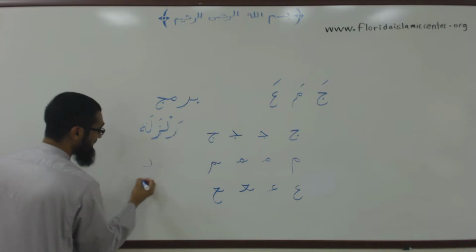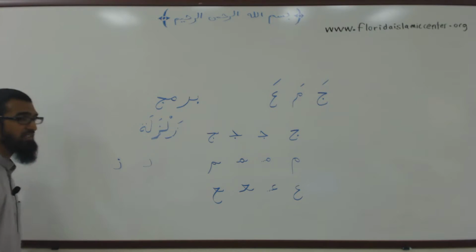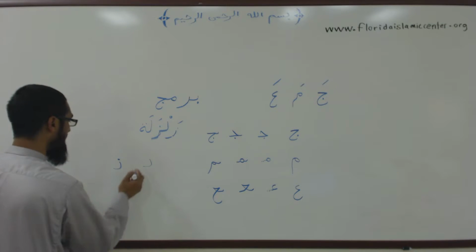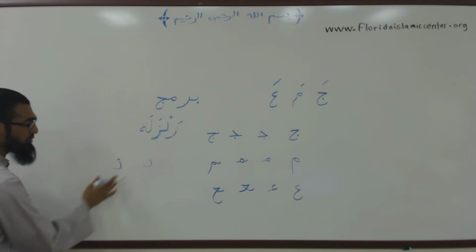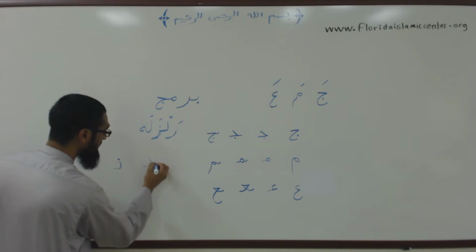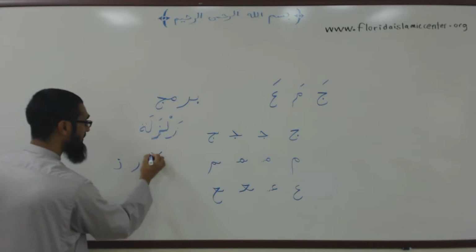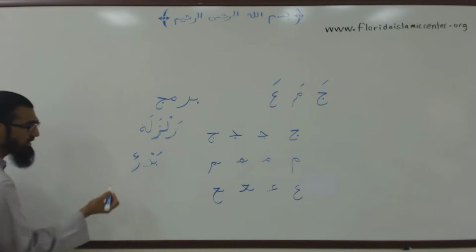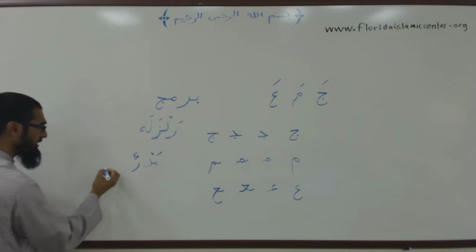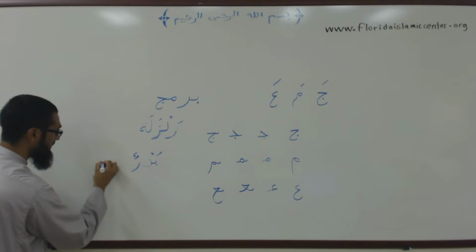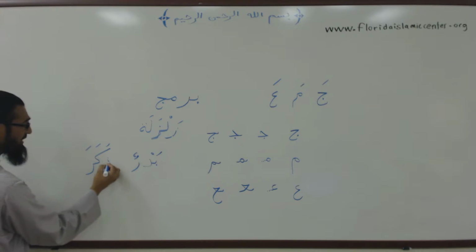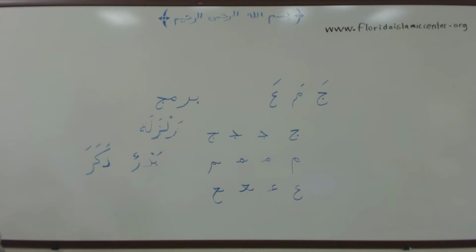You cannot connect anything to the left of the Dal or the Dhal. It has to be separated. So for instance, the word Badrun, or here you go, Dhakara. See the Dhal? Nothing connects to this side of it. So that's the Dhal.